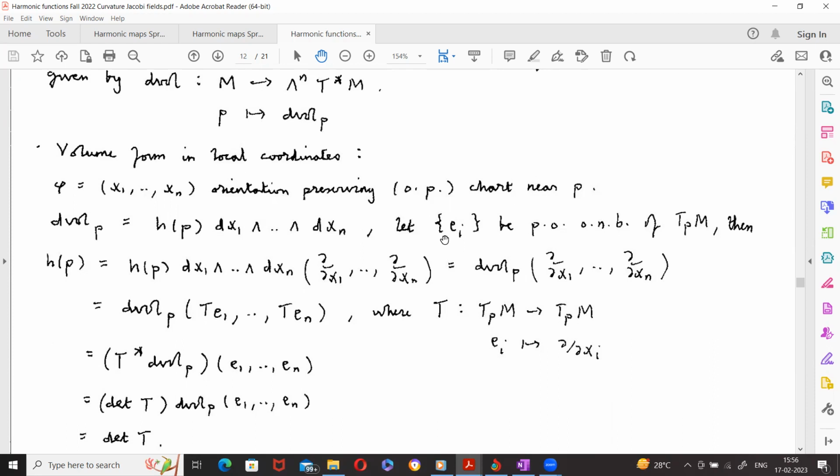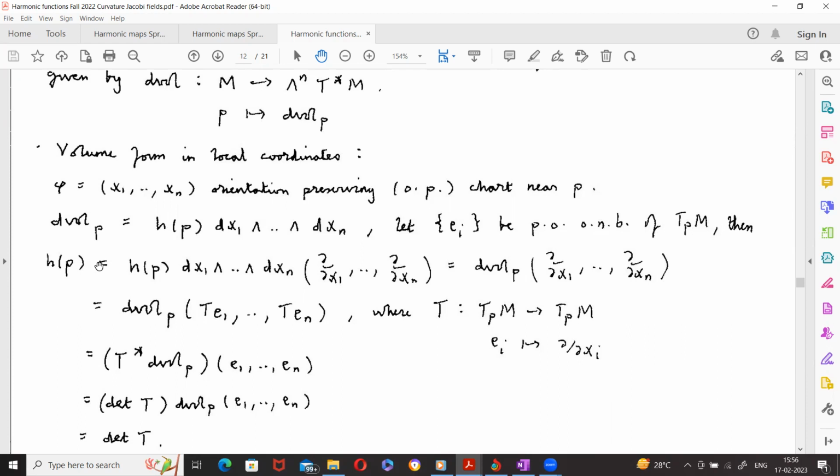So now let e_i be a positively oriented orthonormal basis of T_pM. Then I want to evaluate what is this coefficient h(p). So I can write h(p) as h(p) times 1, where 1 I write as dx1 wedge ... wedge dxn applied to del x1 up to del xn.